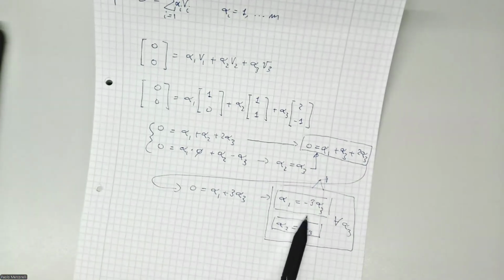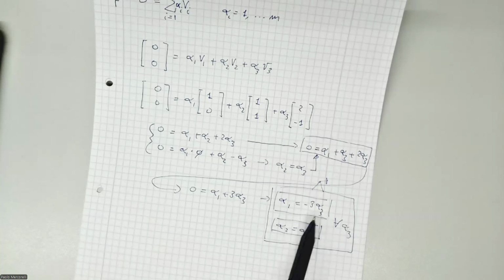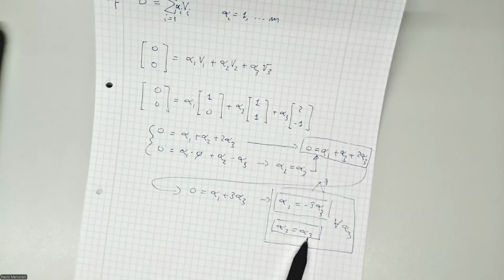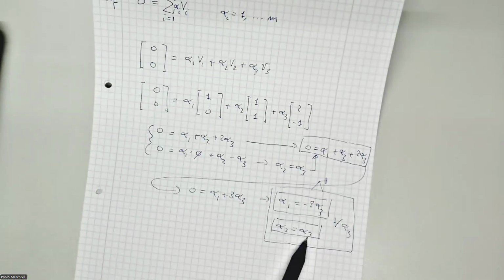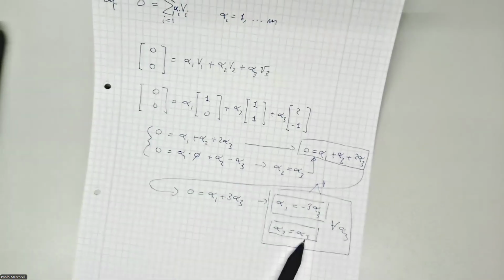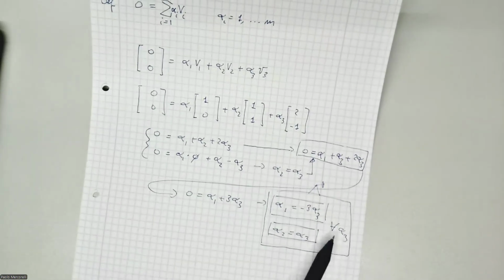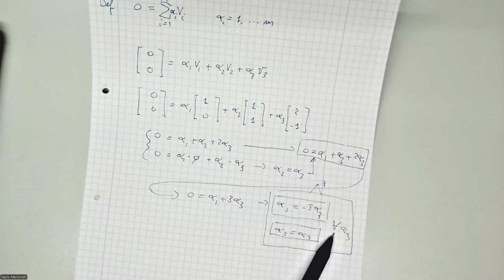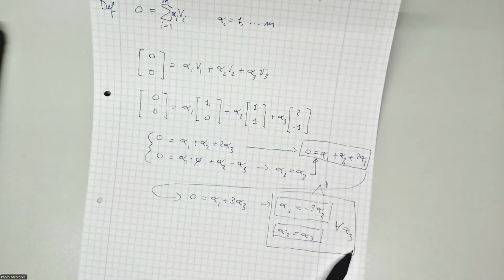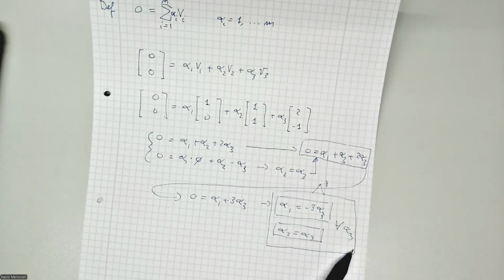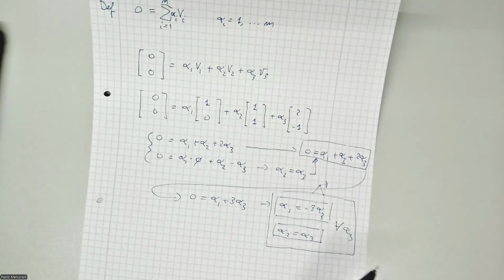Again, alpha 1 equals minus 3 alpha 3, and alpha 2 equals alpha 3. I don't know if I made a mistake. Please correct me if I made a mistake. I don't think so, no? Please, very important, this concept here: for each alpha 3. Do you agree about that? If I made a mistake, correct me, please.